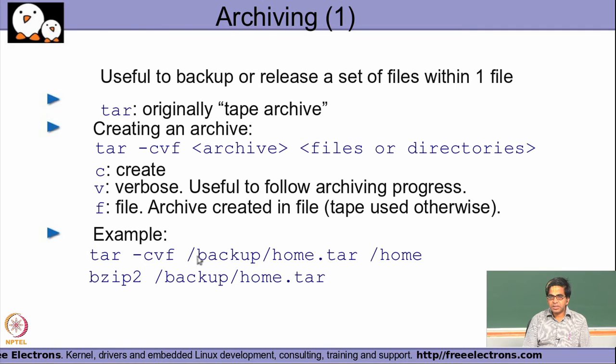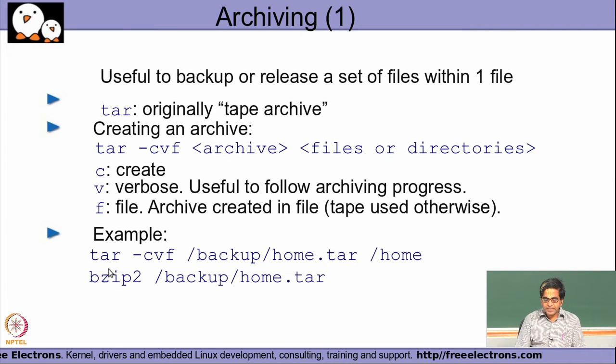All these absolute paths and so on we had actually seen in our previous modules. So, this home.tar file, if the tar command is successful, is going to be created under the /backup directory, and since I expect this tar file to consume a lot of disk space, I want to compress it, for example with the bzip2 command that we saw in the previous slide.